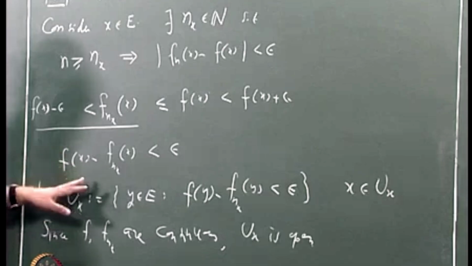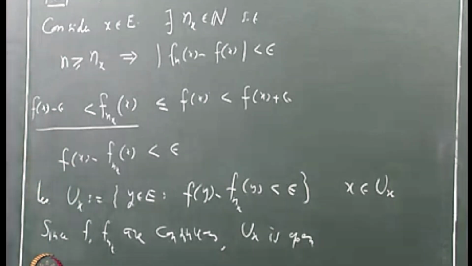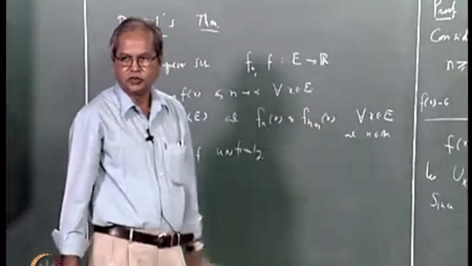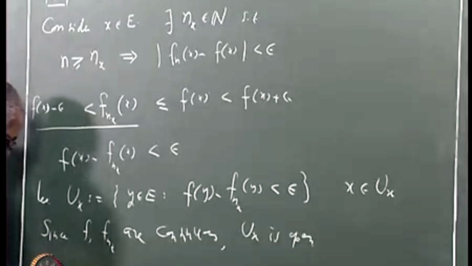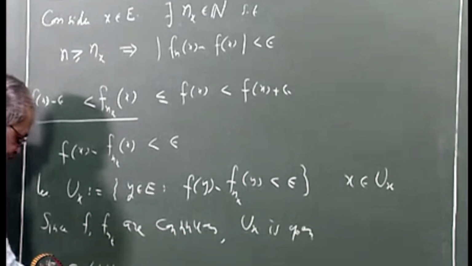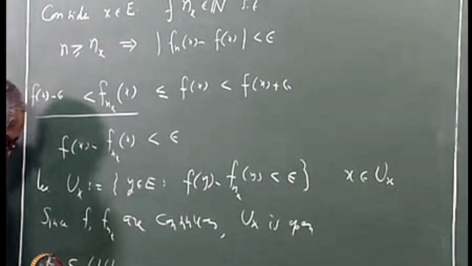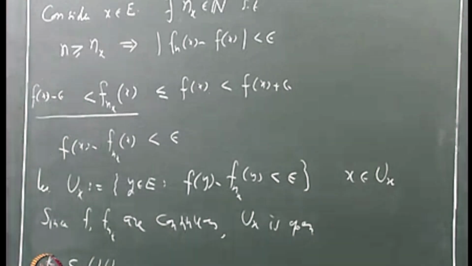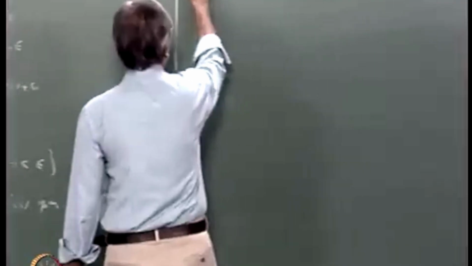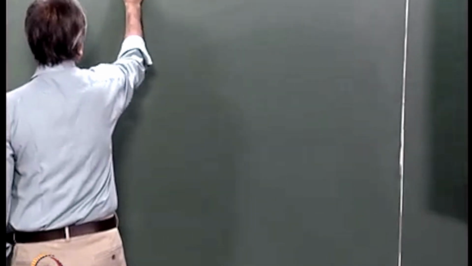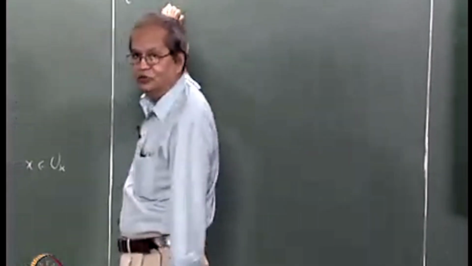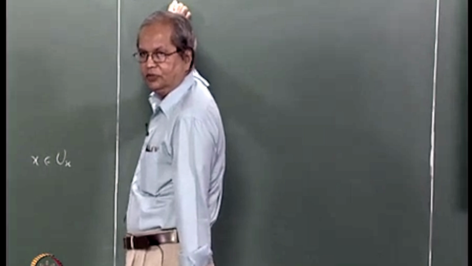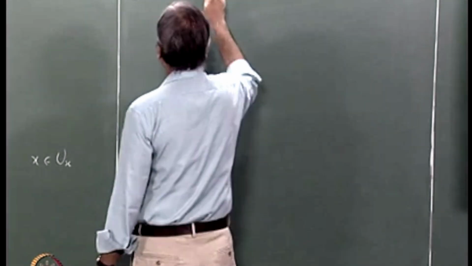There is a standard compactness argument after this, because we started with E as a compact set. Cover E with all such sets. So E is contained in the union of U_x, where the union is taken over x in E. In other words, this family U_x, x belonging to E, is an open cover of E. Why is it an open cover?